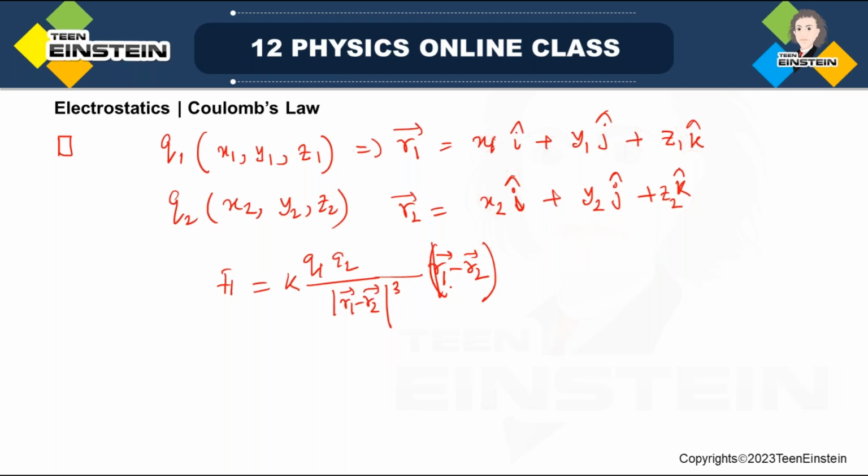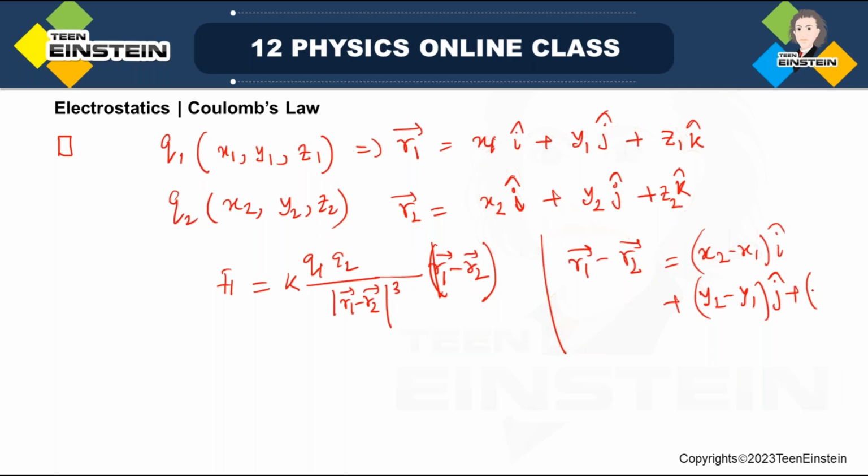This is actually a vector. What we can do from here, this R12 vector will be R1 minus R2. This vector will be x2 minus x1 i cap plus y2 minus y1 j cap plus z2 minus z1 into k cap. Okay, this is how. All right.